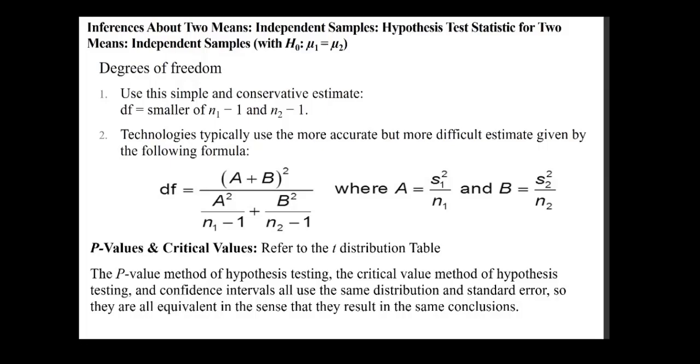Because they use the same formula, the p-value and the traditional method give us the same result, okay? So the p-value method, the critical value method, and confidence interval all use the same distribution and standard error, so they are all equivalent in the sense that they result in the same conclusion.